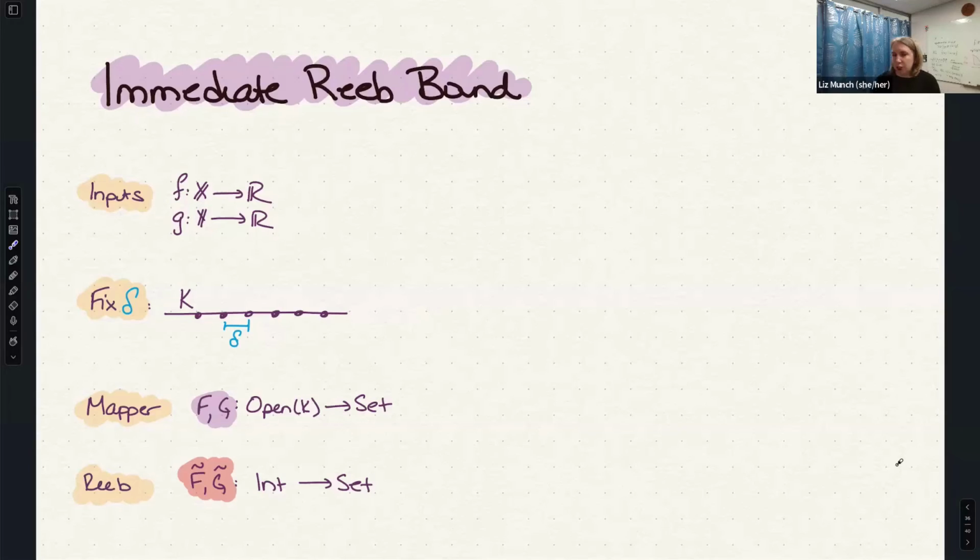All right, so you give me 2 input starting structures. I'm going to fix some delta to come up with my grid, and I can build either my mapper graph version or my Reeb graph version of my categorical representations of these objects.